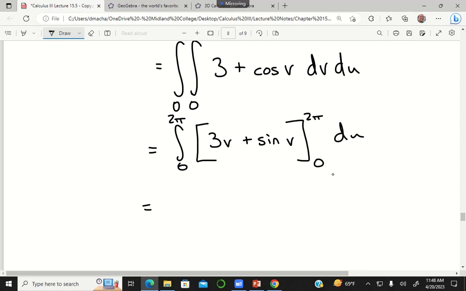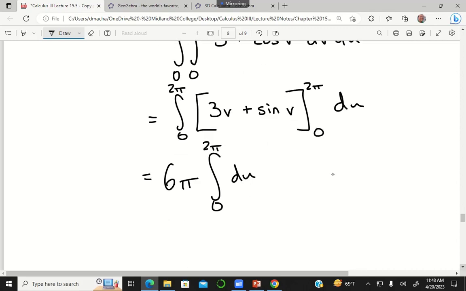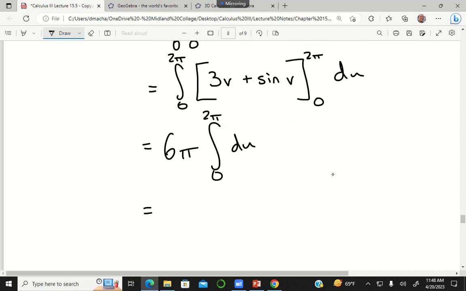If I plug in 2 pi, sine of 2 pi is 0, so that goes away. And I get 3 times 2 pi, but that's just a constant, 6 pi. And so I multiply by 2 pi again, and I get 12 pi squared. So the surface area of our little torus that we plotted in MATLAB is 12 pi squared.